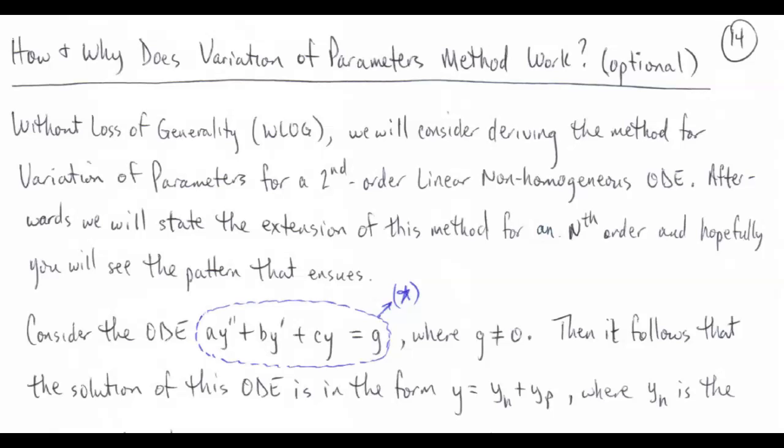To give you a summary of what's going to happen, we're going to make some assumptions, taking some facts about what we know about homogeneous and non-homogeneous equations, as far as what their solutions should look like. Based upon these assumptions, we need to find out what conditions our non-homogeneous equation would have to meet to satisfy them.